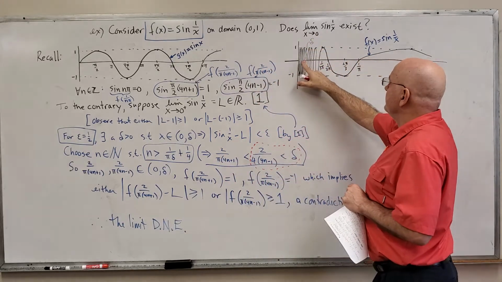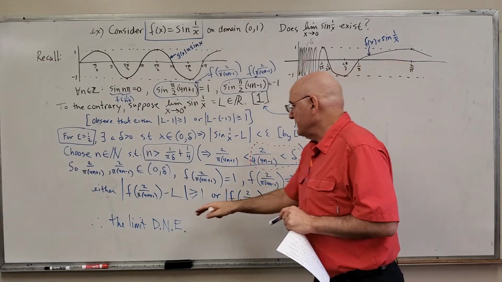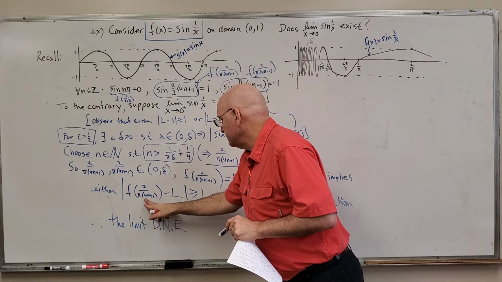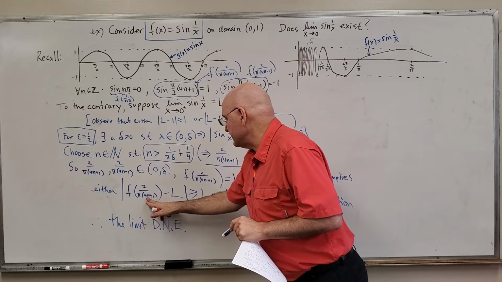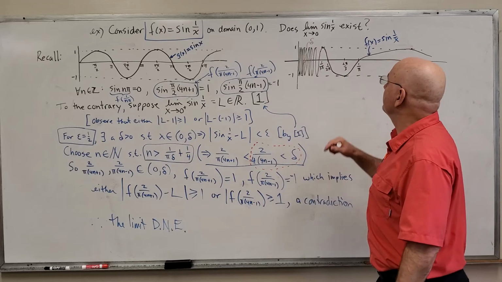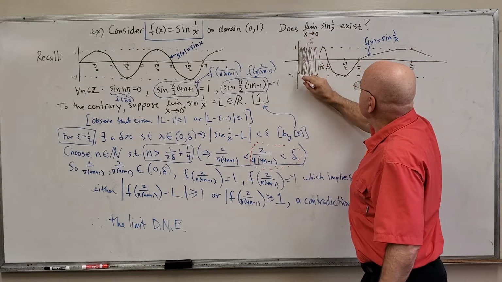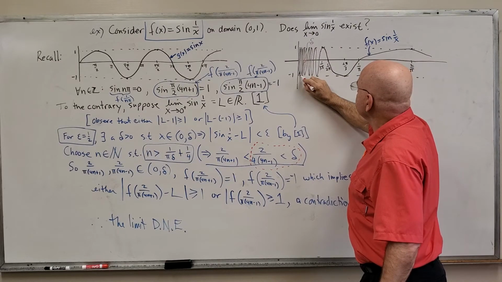Between 0 and 1, there's an infinite number of this kind of a value, where n is a natural number, and this kind of a value, where n is a natural number. So that means that f of the first number is going to be a 1, and f of the bottom number is going to be a negative 1.